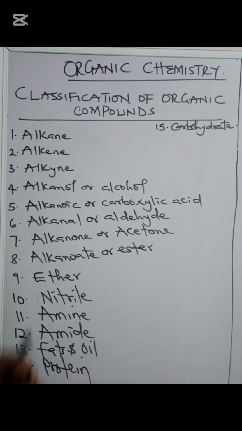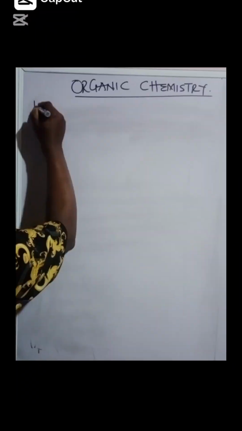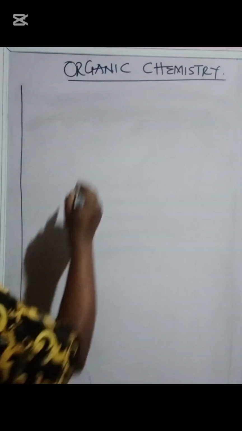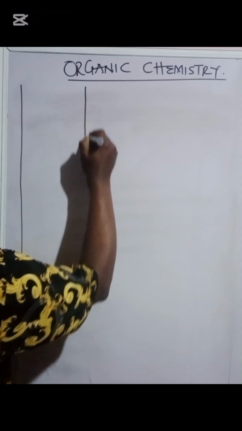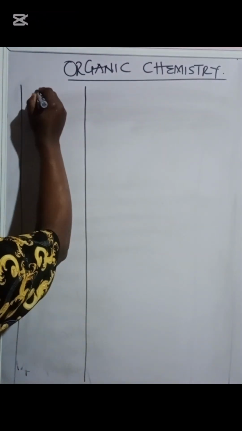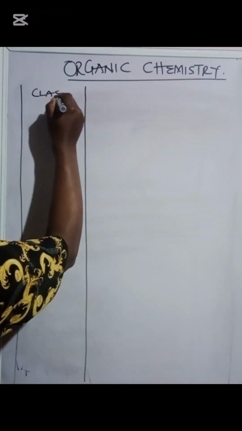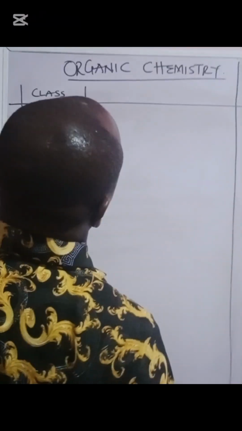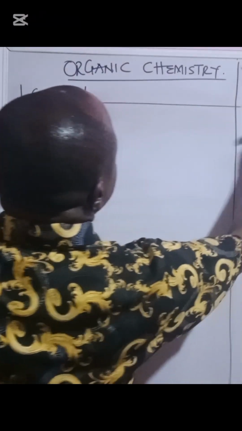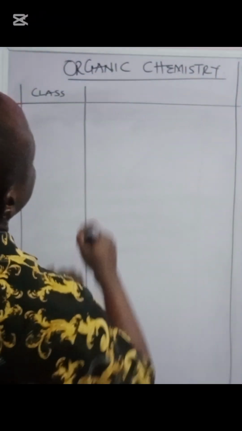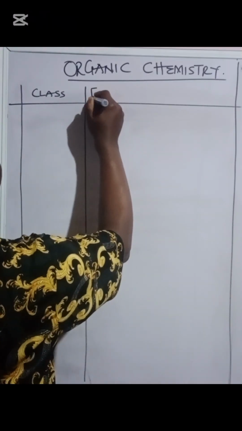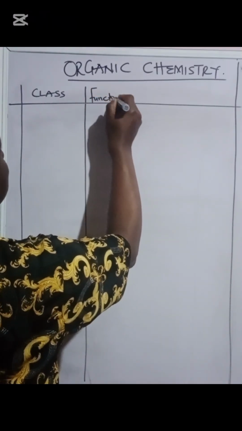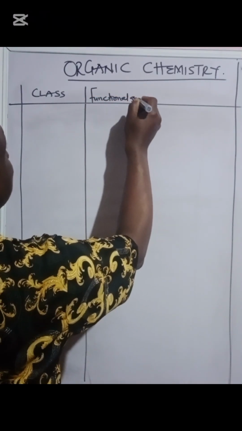So we are going to represent this in a tabular form. So it will look like this. Let's say we have the class here. You have the functional group here.